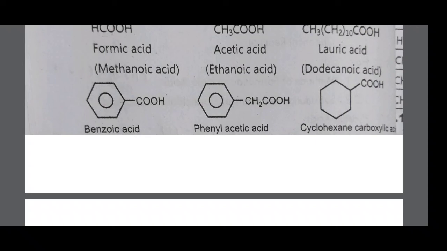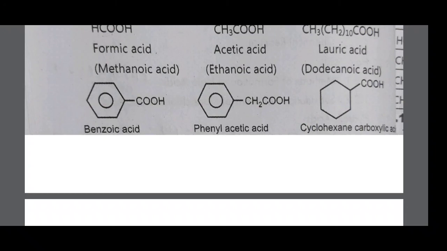This carboxylic group may be attached to hydrogen. Suppose the COOH group is attached to hydrogen, then formic acid is formed. Or it may be attached to any alkyl group. I am showing the structures: acetic acid, formic acid and lauric acid. If the COOH group is attached to an aromatic ring, then an aromatic acid is formed, that is benzoic acid.